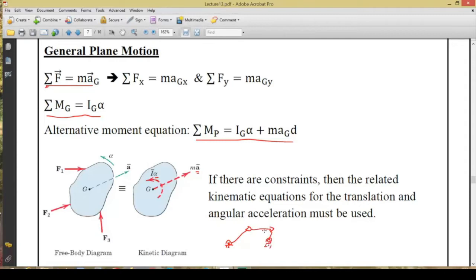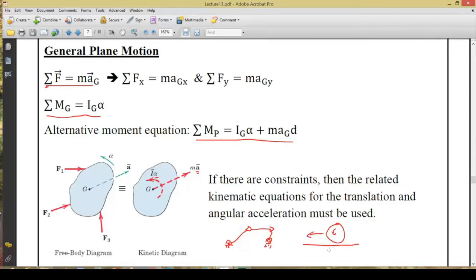In that case, there is a motion of this coupler, which is a constraint motion, and it happens because of these links that are connected to the ground, or there could be the rolling action of a spherical object or a cylinder on a ground, and then the rotation and the linear motion are related to each other kinematically.